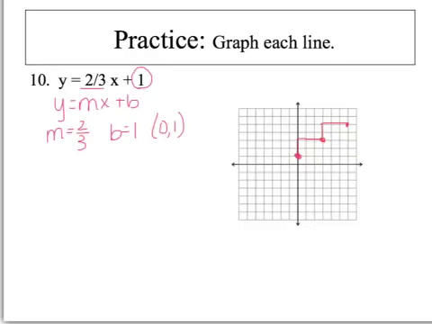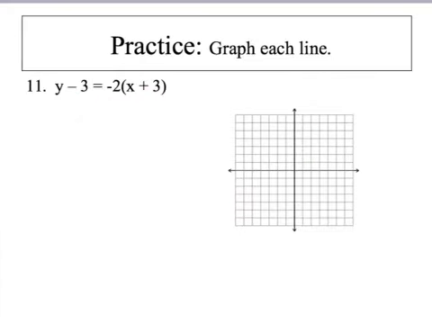And I could keep continuing in this order. And using a ruler, draw a line to connect your points. And there's your graph.